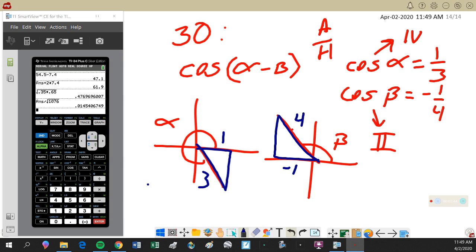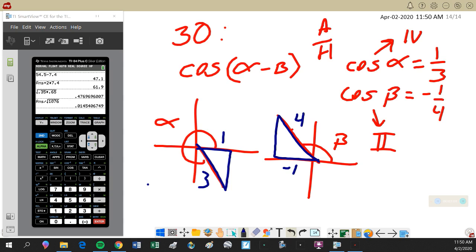So if you look at the sum and difference formulas on your reference sheet, let me go back to my thought.